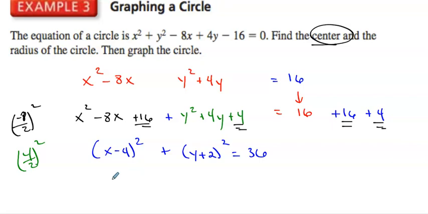And now you have a center in this form of 4, negative 2, and a radius of 6. And that's how you find the radius and the center of the circle. I got 6 because it's 36, but 36 can be rewritten as 6 squared, which is why I got the radius of 6.